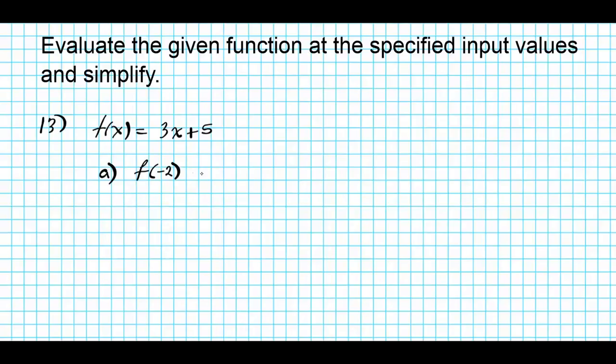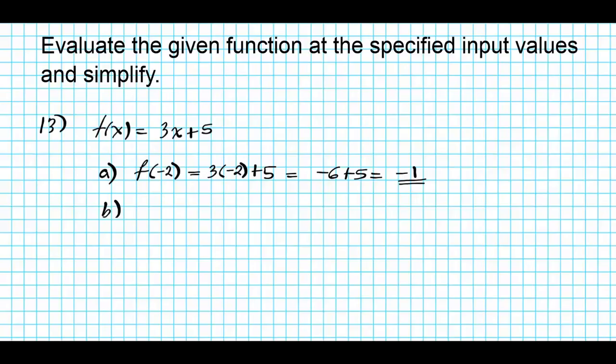So what is f of negative 2? f of negative 2 is basically what you get when you input negative 2 in place of x in this function. Okay, so you're going to have 3 times negative 2 plus 5. After making your substitution, you just use the order of operations to simplify your arithmetic expression, which is the case here. Okay, so you multiply, you get negative 6 plus 5. Your final answer is negative 1.